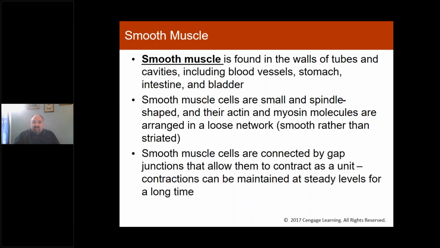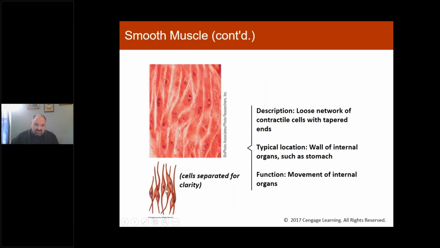Smooth muscle is found in the walls of the tubes. All the organs of your body contain smooth muscle, which allows for contraction that is not consciously controlled by the nervous system and aids in movement of material. You'll see here, smooth muscle cells are small and spindle-shaped, and that's the truth. They really are. You see these spindle-shaped fibers?